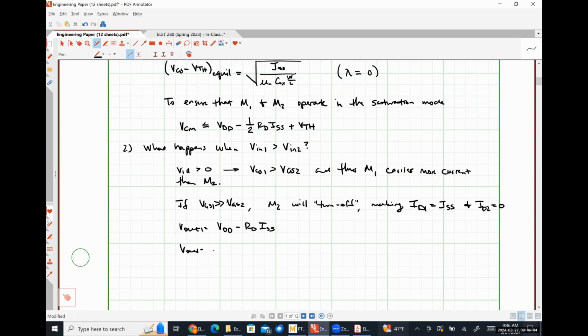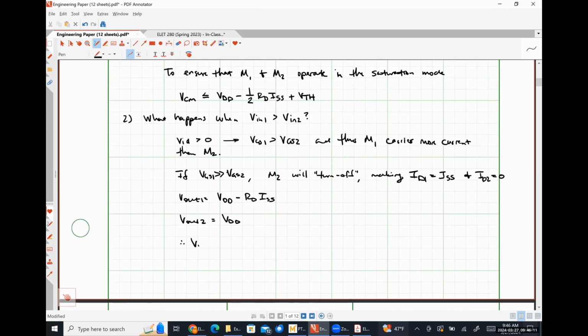Our output voltage 2 would just be VDD, and V out in this case, which is just V out 1 minus V out 2, is negative RD ISS. So we once again get a negative output voltage when the current on the left-hand side is greater than the current on the right side.